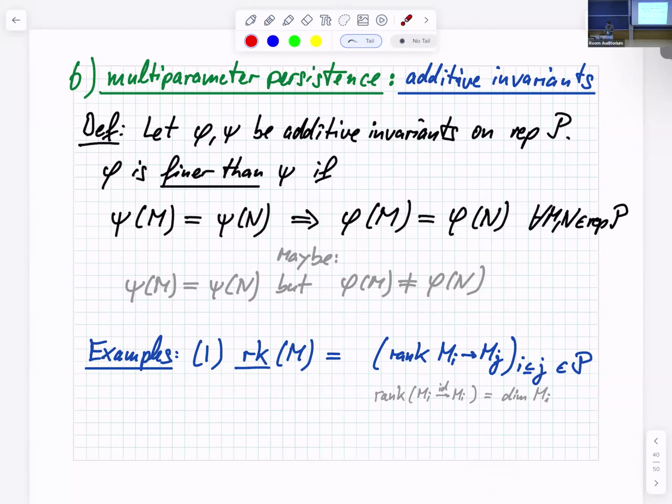Yeah, this is wrong here. Sorry, I did this yesterday evening. That's certainly not correct. What I really wanted to say is I have this implication, but I do not have this implication. This is not an equivalence. So it could be that these two are equal, but they are different.